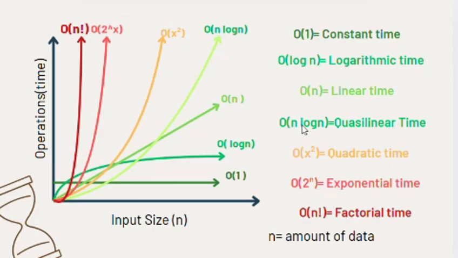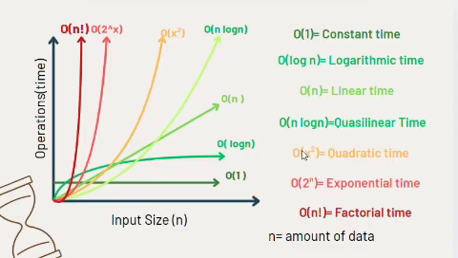The next one is quasi-linear time, which is n log n. An example is merge sort or quick sort. It's better than quadratic, but not the best, because it takes a lot of time and a lot of steps to complete.